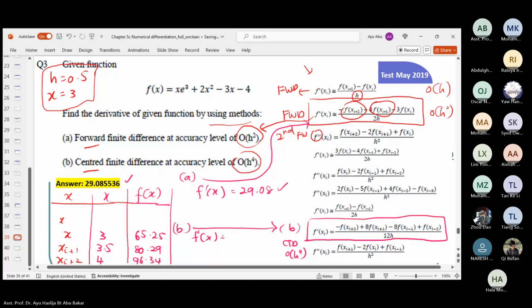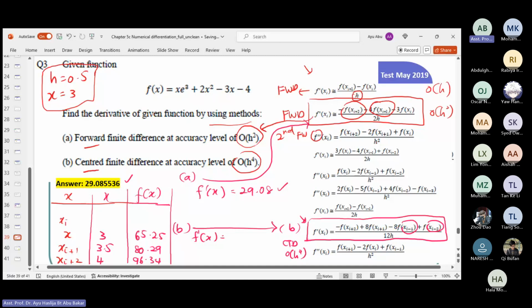Now for centered, this is the equation for centered. Level 4, h power 4. From the equation we need this and this: x i minus 1 and minus 2.